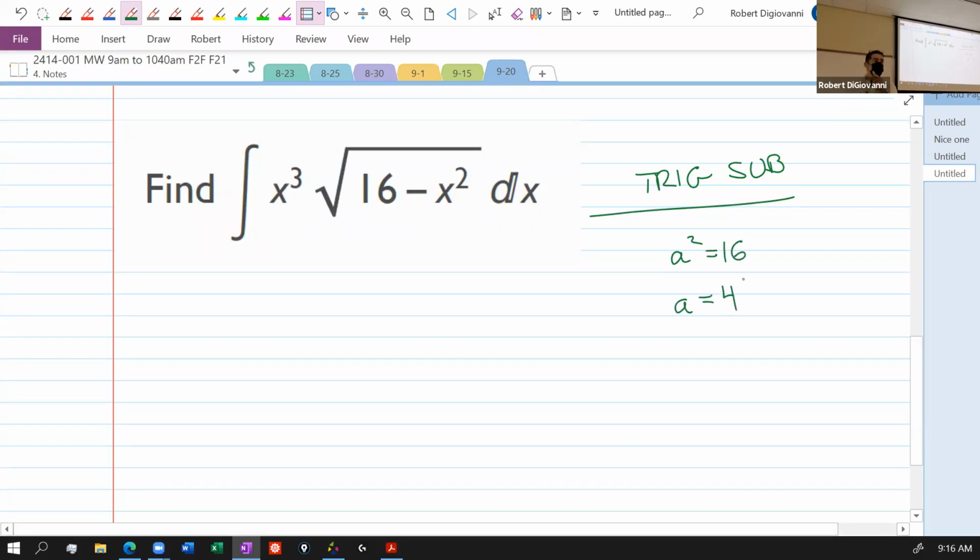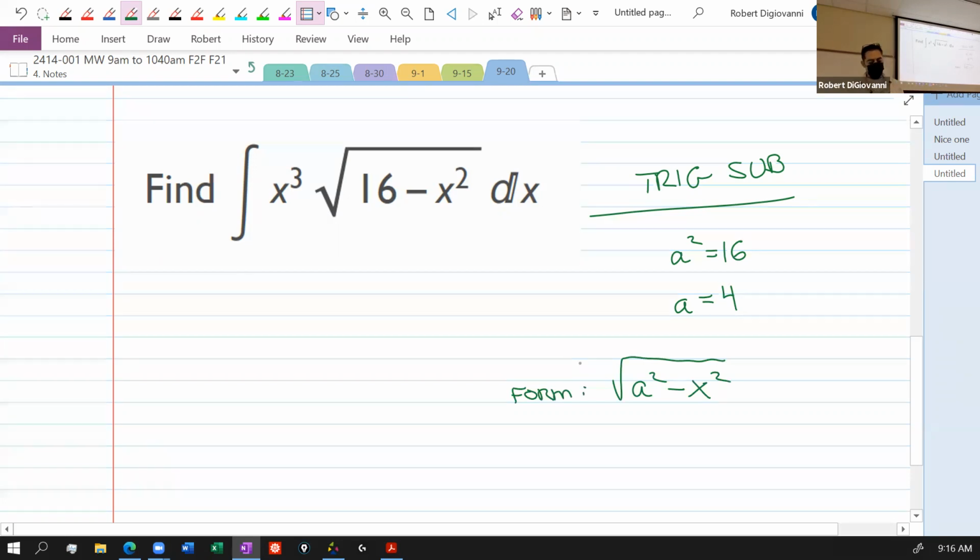Got it? That's important because later on, that number does not have to be a perfect square. That 16 does not have to be a perfect square. But we need to understand that A is the square root of that number. So A is 4. And I'm seeing this form, A squared minus x squared, right? That's the form I'm seeing.